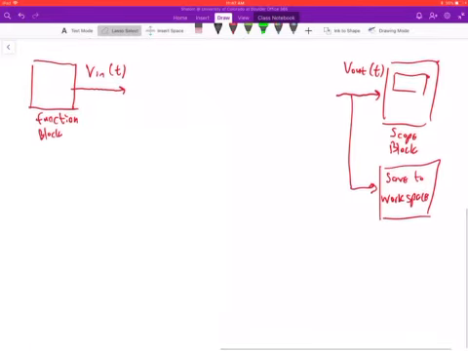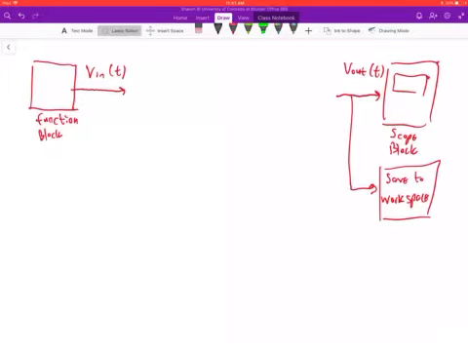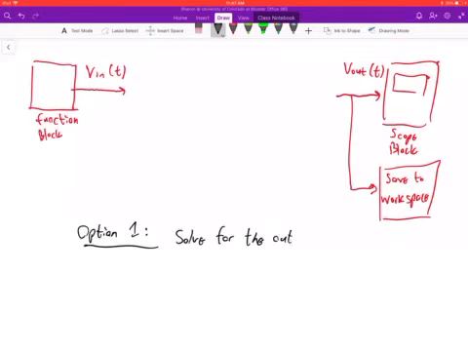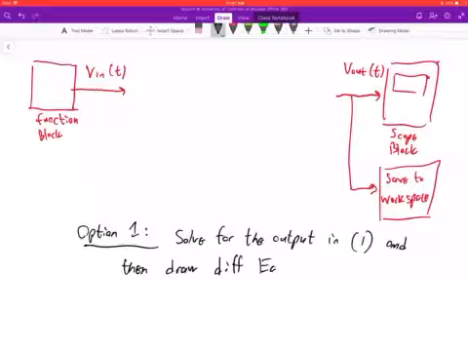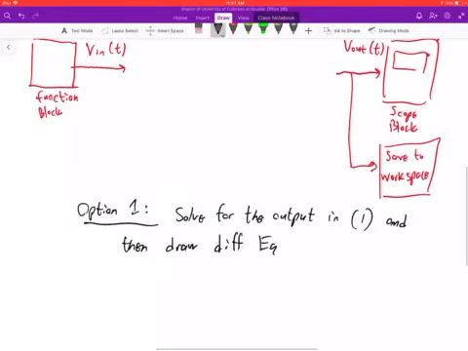Option 1 is to solve for the output in equation 1 and then draw the differential equation. I'll show you what I mean by that. So let's do that.